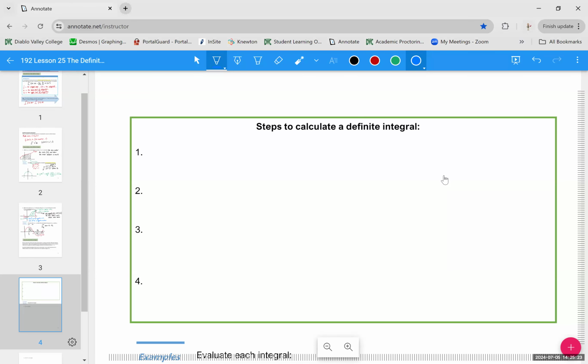The first few steps we've already done, which is we need to create the sum itself. So we need to find expressions for delta x, which, remember, is b minus a over n. We might as well just write that in. Then x sub i star, where you have a choice. I would just use the right-hand endpoint, the one that doesn't have the i minus one.